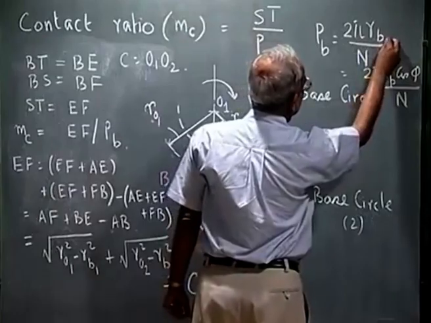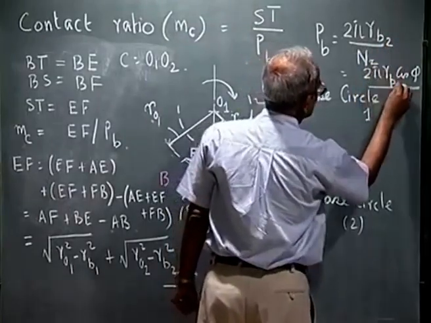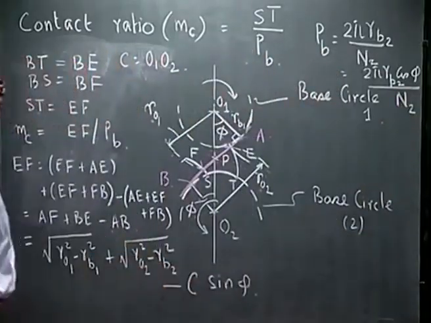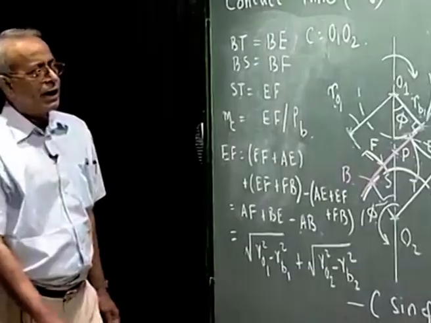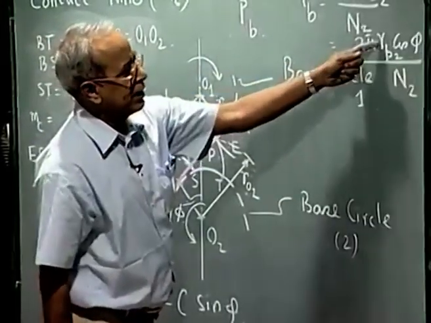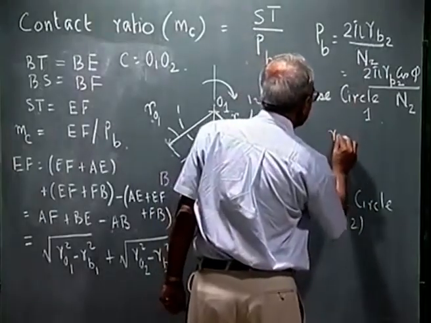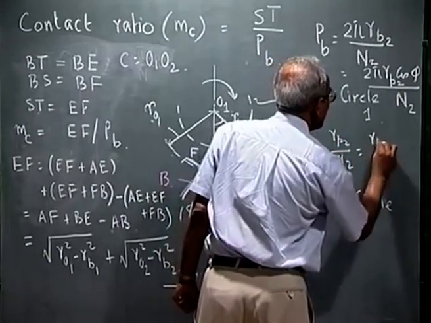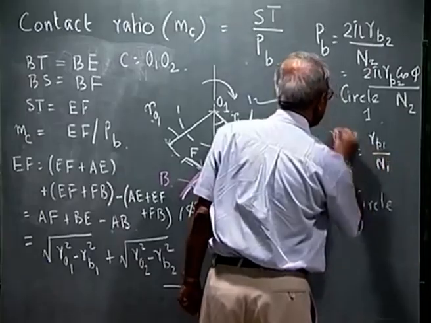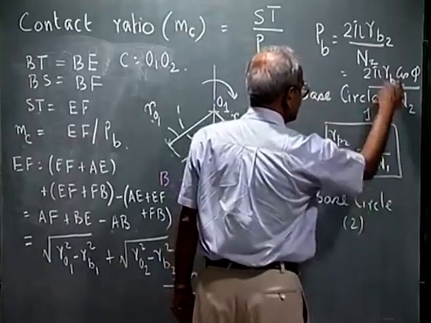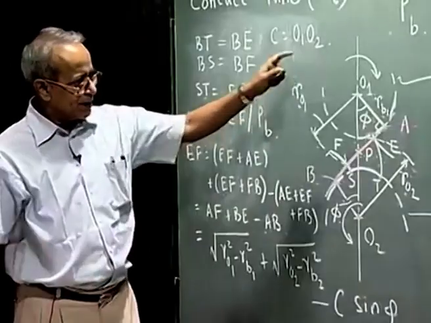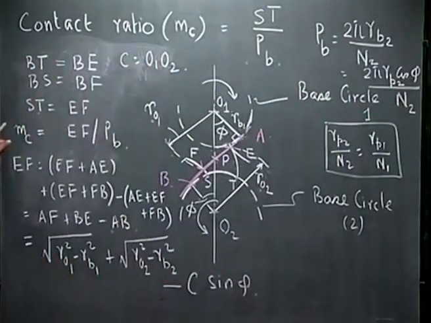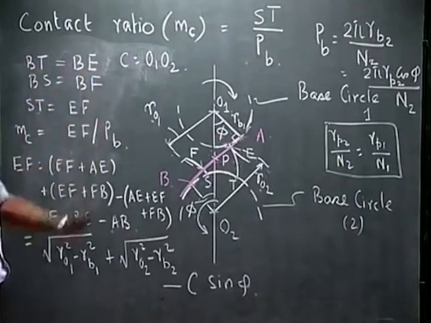So, 2 pi RB2 by N2, so 2 pi RP2 by N2. And RP1 by N1 is the same. So, RP2 by N2 is the same as RP1 by N1. So, it is the same expression. We have to take the pitch circle radius and put the number of teeth of the same gear. So, that gives me the expression for the contact ratio.